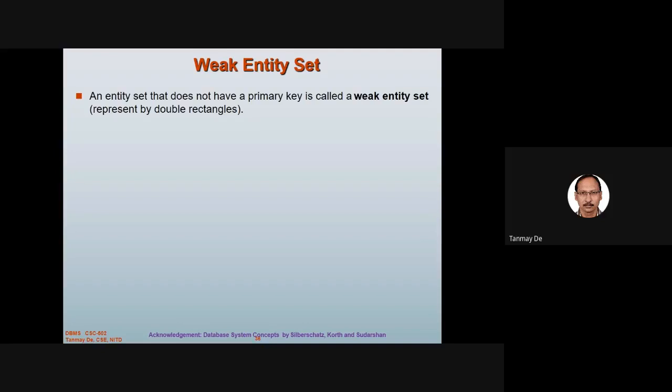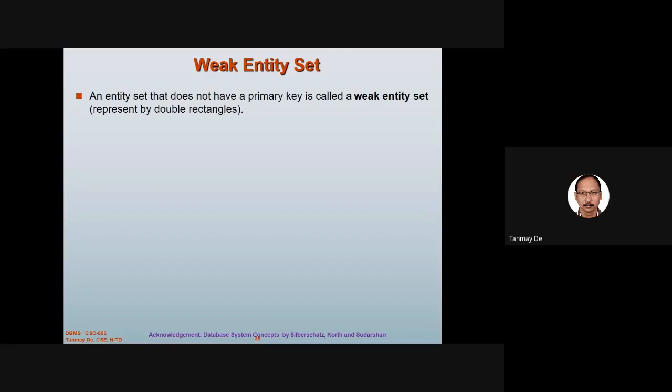That is, strong entity set means its primary key is there or attributes are sufficient to act as a primary key, and weak entity set means there is not a sufficient attribute to form the primary key for that entity set. At that time we call it a weak entity set.